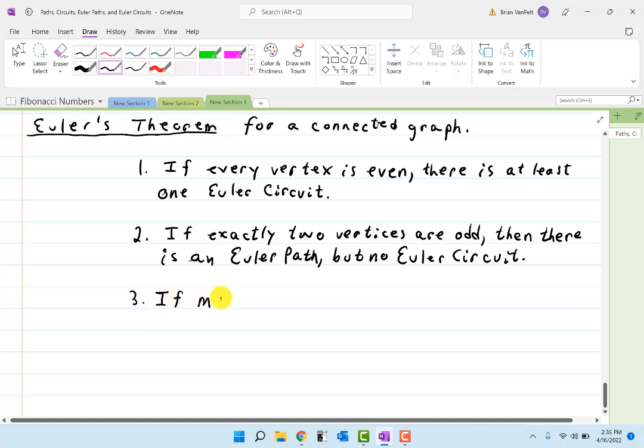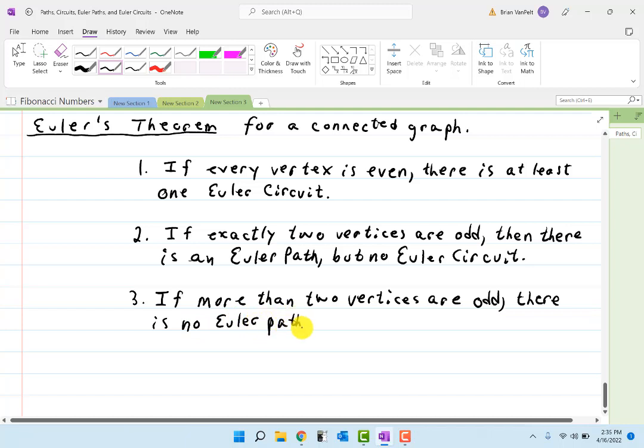If more than two vertices are odd, there is no Euler path. So forget about a circuit, it doesn't even have a path. Which in the Königsberg bridge problem, that was the issue. We had more than two vertices that were odd in that scenario.